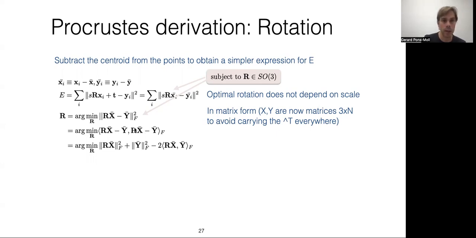You can associate and then obtain the following terms: the norm squared of RX plus the Frobenius norm squared of Y minus 2 times the inner product of RX and Y. So this term over here, the norm of X multiplied by a rotation, what can we say about this term? How can we simplify it?